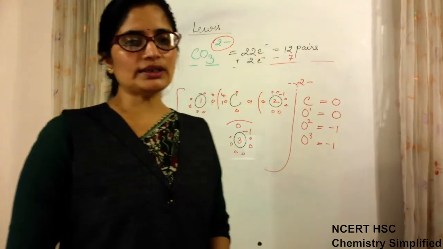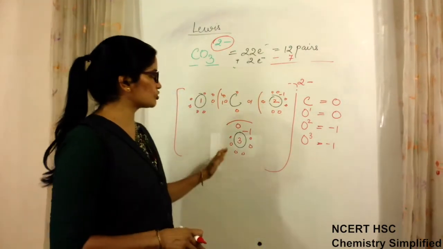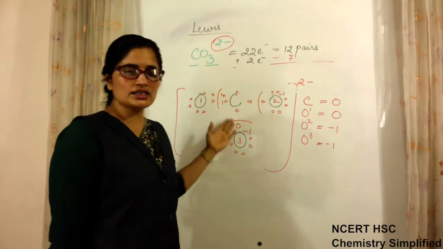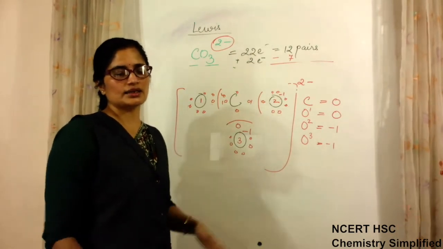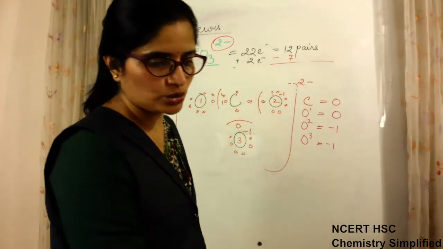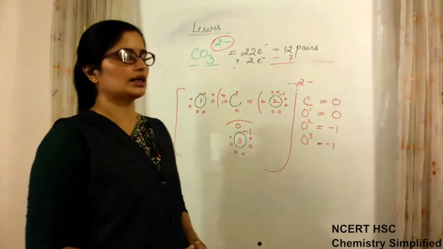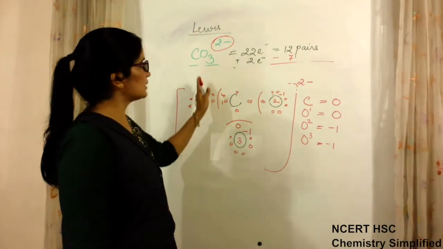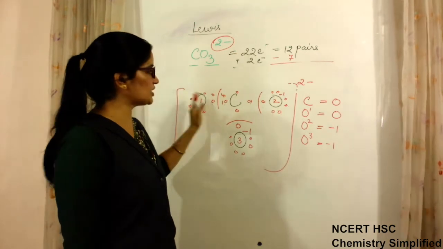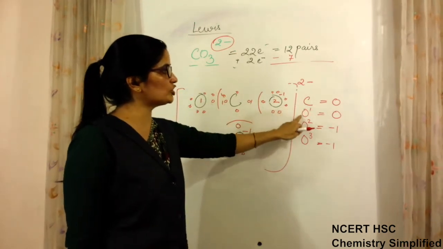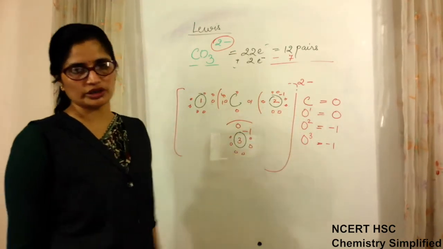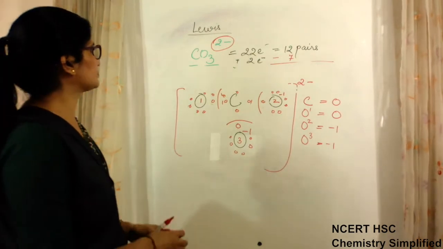So every time we will tally the formal charges also, that what is extra or what is less than the expected valence electrons on the particular atom, and always that formal charge is calculated for individual atoms, not for the molecule. Clear?